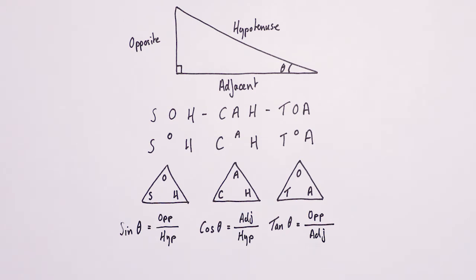And can you see how that's set out above in the triangles? Sine S equals opposite O over hypotenuse H. S O H. Cos equals adjacent over hypotenuse.